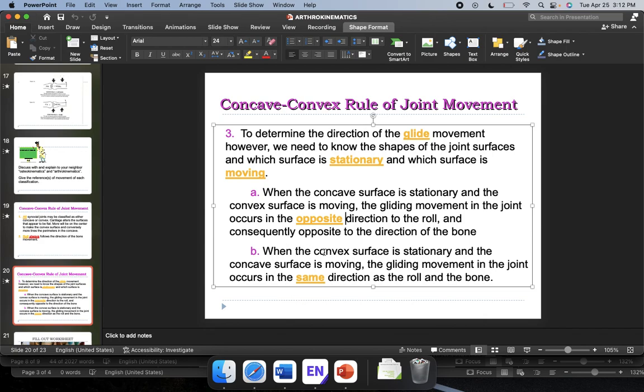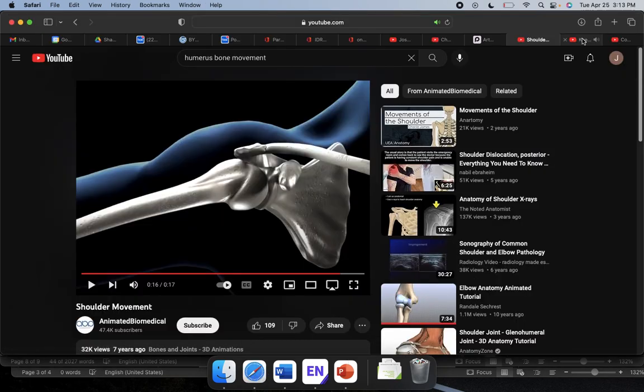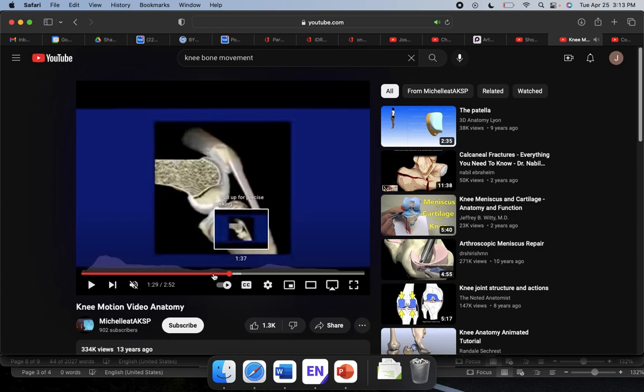Now we will cover our convex rule. When the convex surface is stationary and the concave surface is the moving bone, the gliding movement in the joint occurs in the same direction as the roll of the bone. I'm going to come back to our knee to demonstrate this.